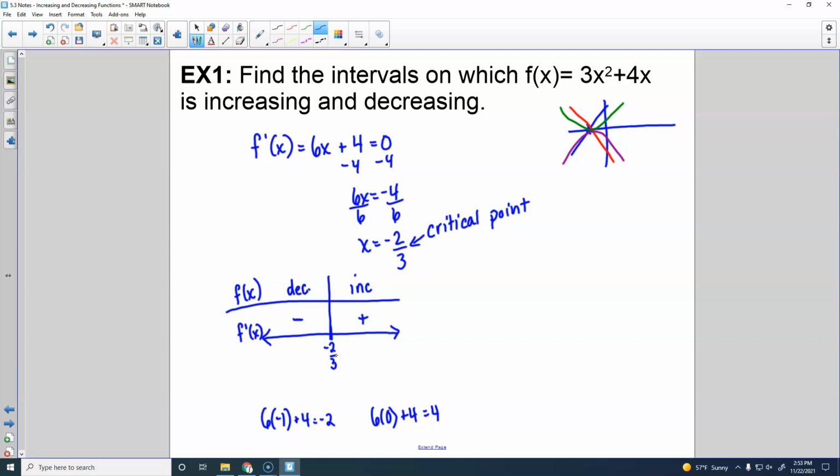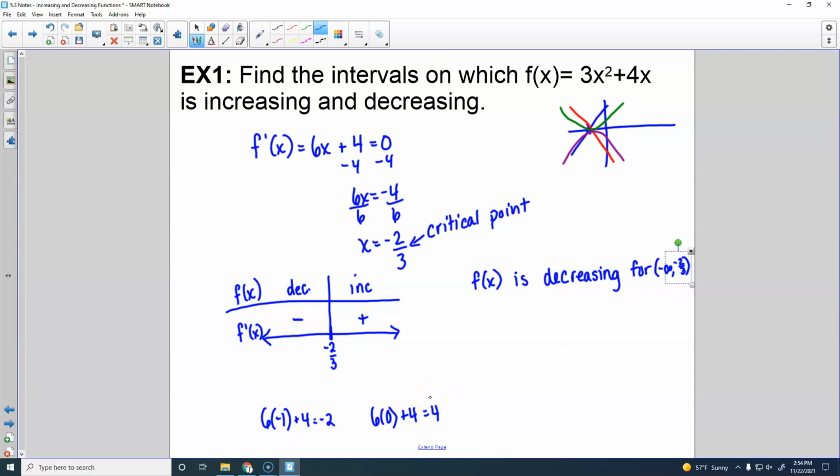But in order to get credit for a problem like this, if it's showing up on free response, and it will sometimes, you're about guaranteed to have something where you have to do this on free response. So you must say f of x is decreasing for negative infinity to negative 2/3.